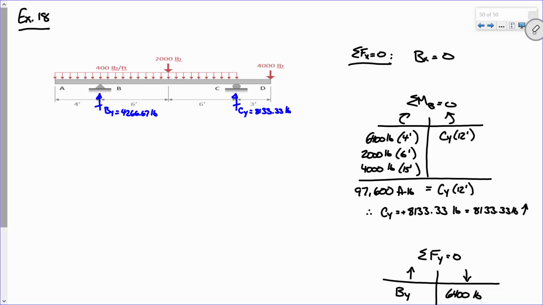Okay. Now, here's how this is going to work, okay? And if you need to create some room on your paper, you might as well go ahead and get ready for this now. I'm going to draw a bunch of vertical lines going down like this, and I'm going to have a shear diagram and a moment diagram. So you might want to make some room on your paper.